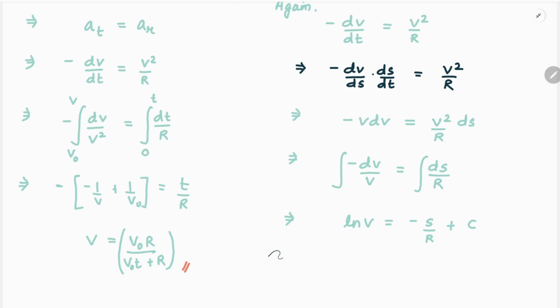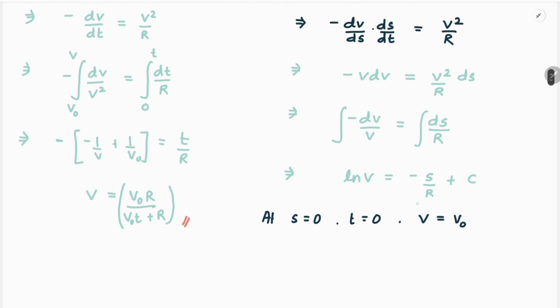Now at the starting of motion, that is at s equal to 0, which is also at t equal to 0, the speed v is equal to v naught. So over here we get the constant of integration c equals ln v naught.